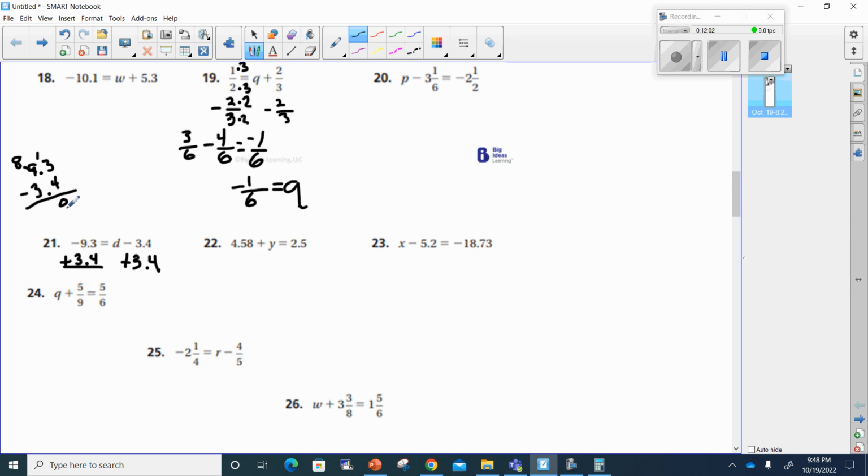This would be a 9. My decimal comes down. 8 minus 3 is 5. And I keep the sign of the big number. The big number was 9, so that's a negative 9. This would be a negative 5.9. So number 21 is going to be d equals negative 5.9.